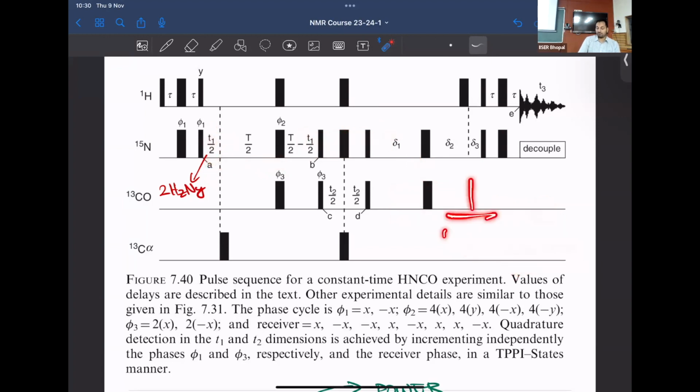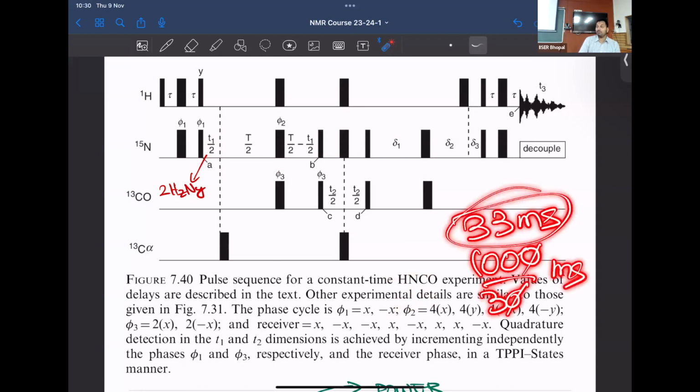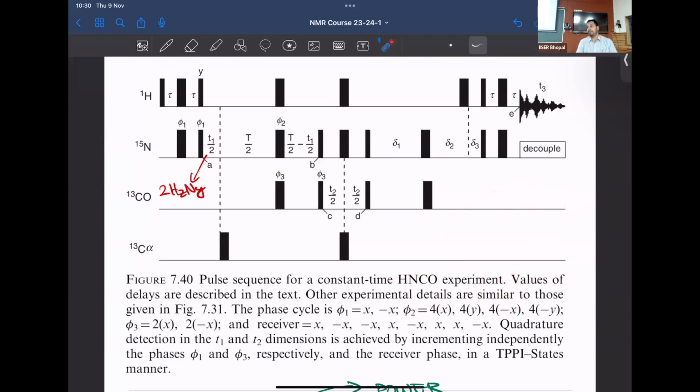Therefore, if you have to set 1 over 2J, 1 over 2 times 15, which is 1 over 30, how much is going to be? 1000 over 30 milliseconds. So you're going to be talking about 33 milliseconds. That's a long time. And on top of it, you also have to do T1 labeling, which is another 10 milliseconds or so. You're wasting 40 milliseconds in this process.